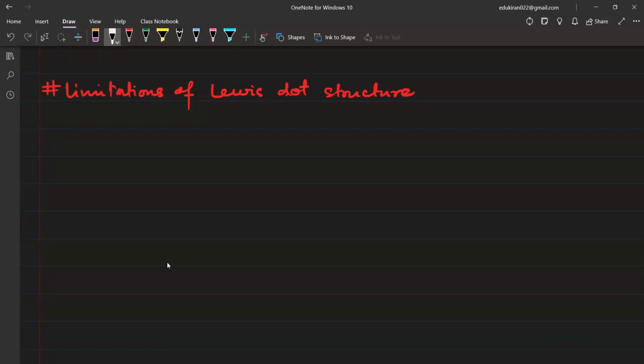First of all, number one. Oh, wait a second. Not limitation of Lewis dot structure. Rather, I should write limitation of Lewis octet rule.